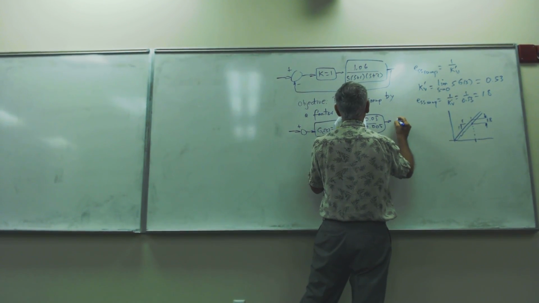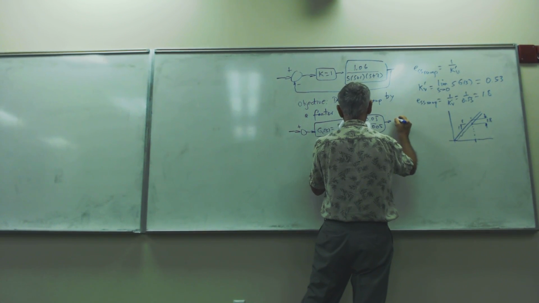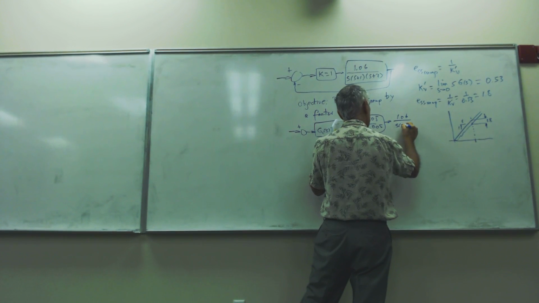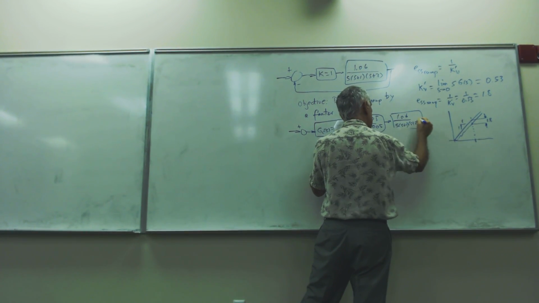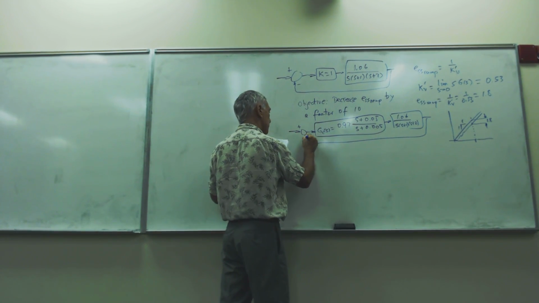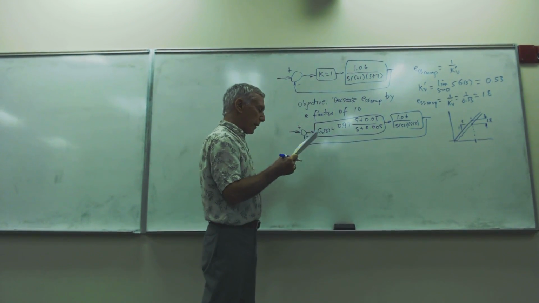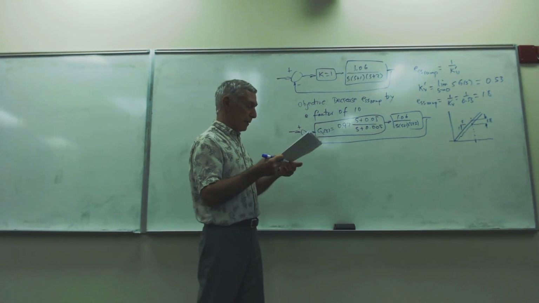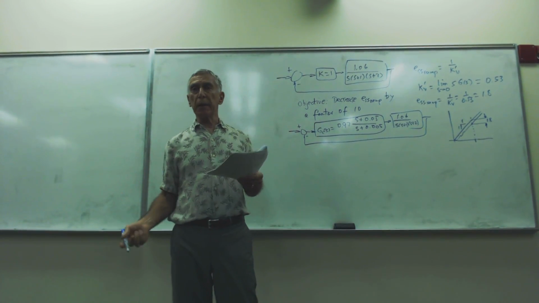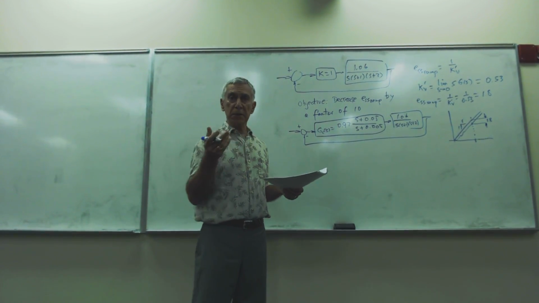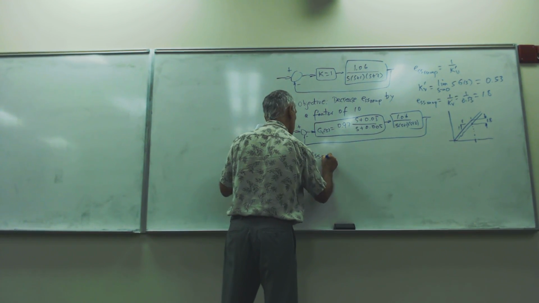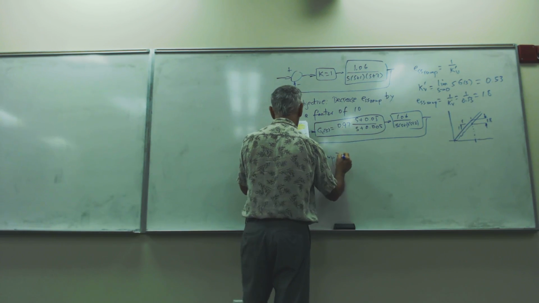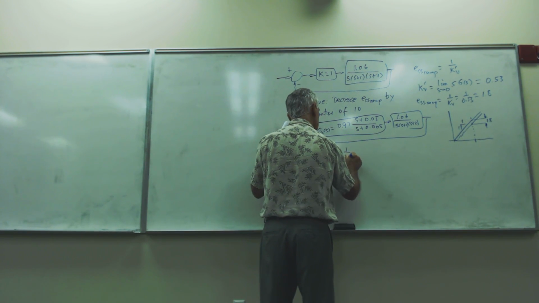So the plant is the same, and so we have 1.06 divided by (s plus 1)(s plus 2). And so here let's find the steady state ramp error for this design. So E steady state ramp error is equal to, again, 1 over Kv.